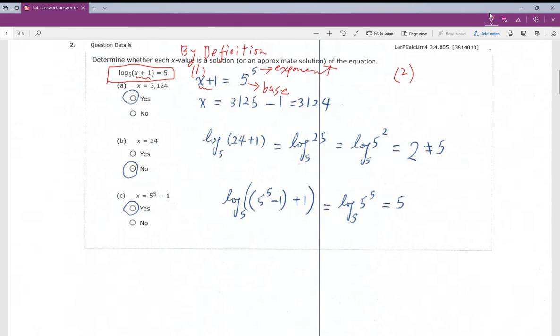So input is x plus 1 and the base is 5 here. And the exponent, this is the exponent.